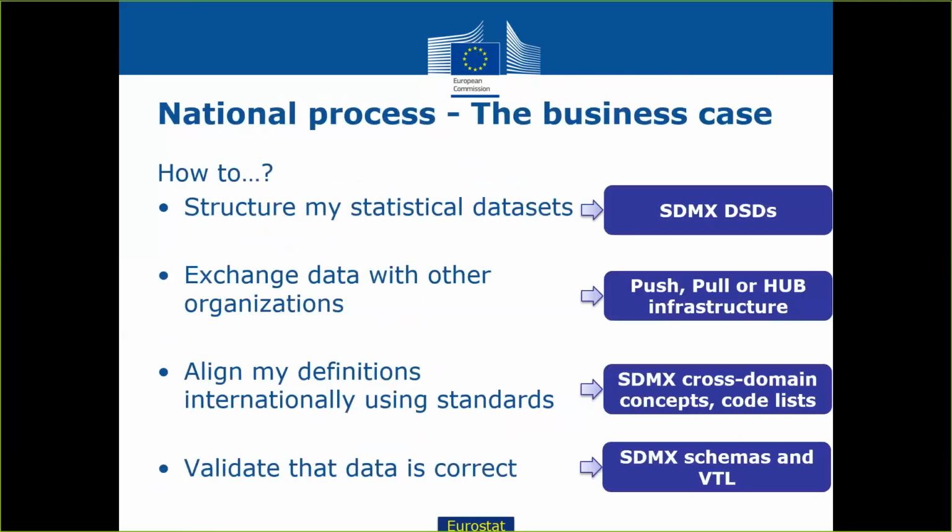The exchange of this data can be done by push, meaning I use the SDMX converter, or Eurostat can pull it if I set up my database and open it up using the reference infrastructure. The hub, as we say, is a specific case of the pull mode, which is used for the census.